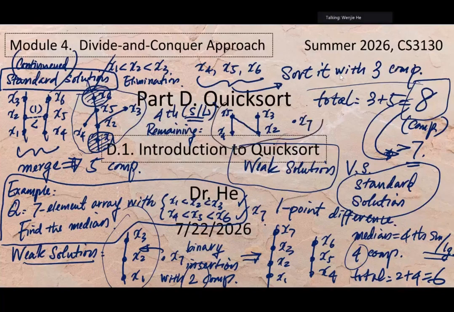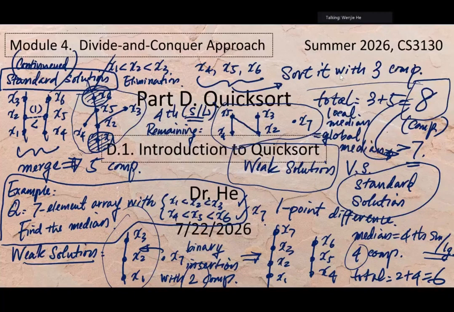In these 5 elements, we need to find a median. The median of these 5 is the median of the original 7-element array, so the local median of these 5 elements equals the global median.